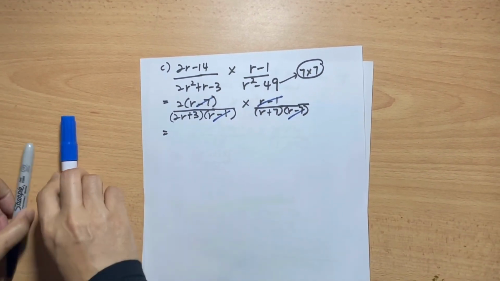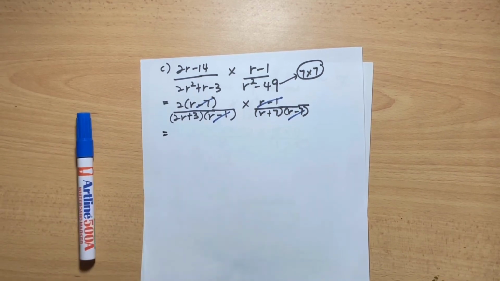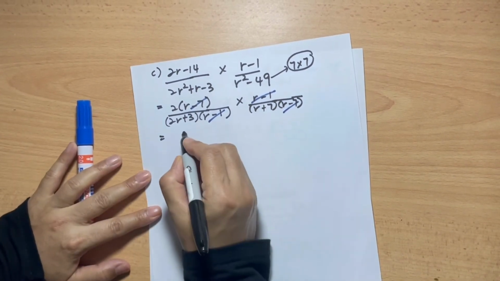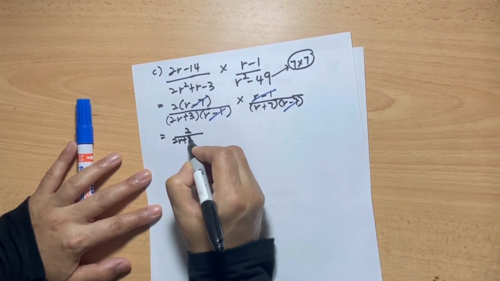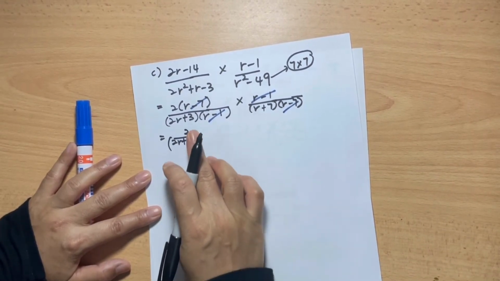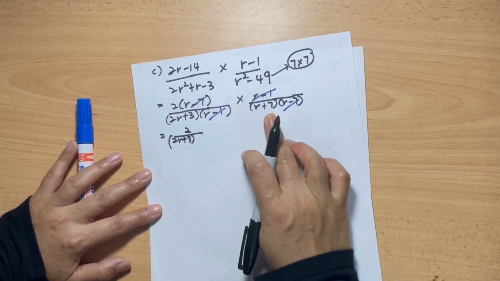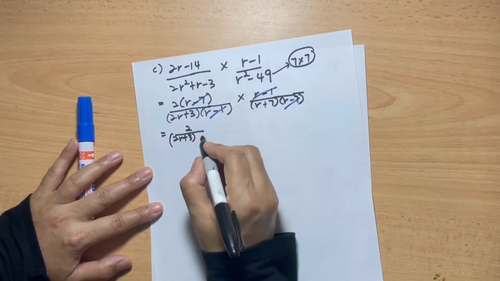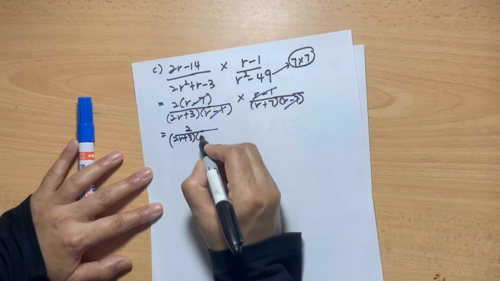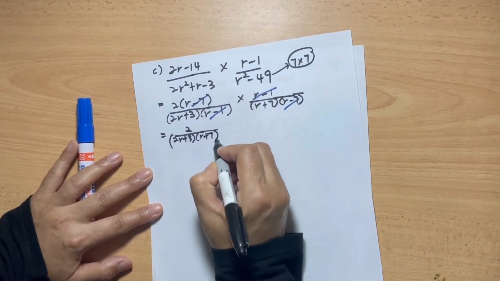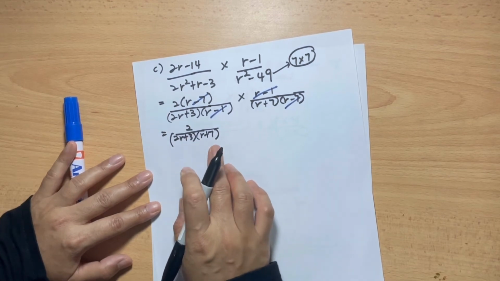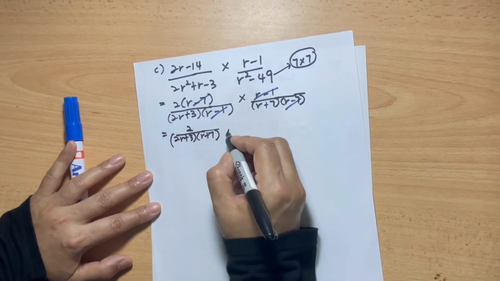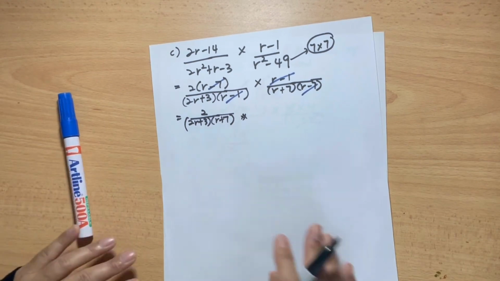No more, so the answer is 2 over 2r plus 3, in brackets, and another one is r plus 7. So no more cuttings can be done. This is the answer for C.